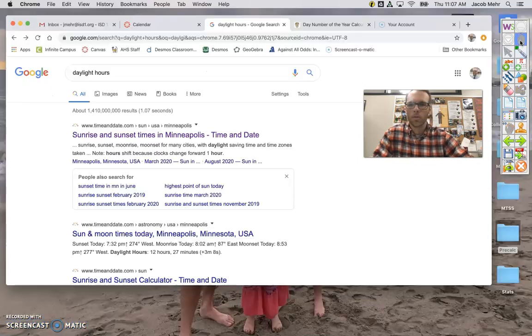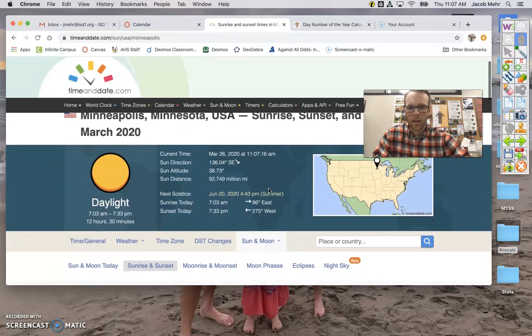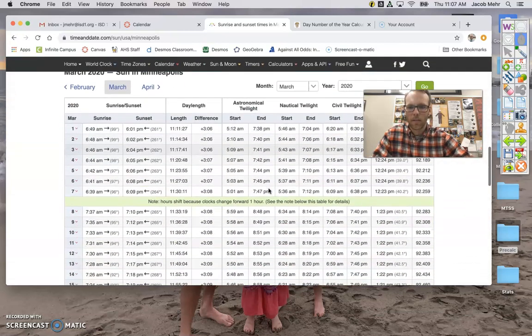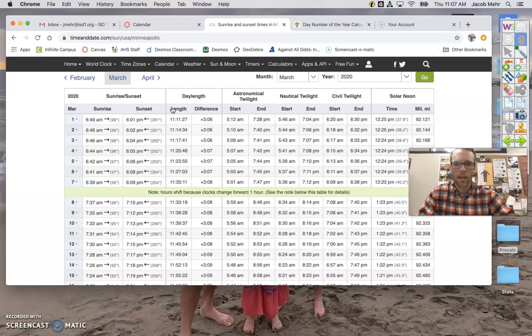I'm going to bring you to a website here. I just did a search for daylight hours, and I'm going to choose sunrise and sunset times in Minneapolis, and it gives it with the time and the date. Down here in the chart for each day, it gives the time of sunrise, the time of sunset, and the length of daylight, and that's what I'm interested in: how much daylight are we getting.